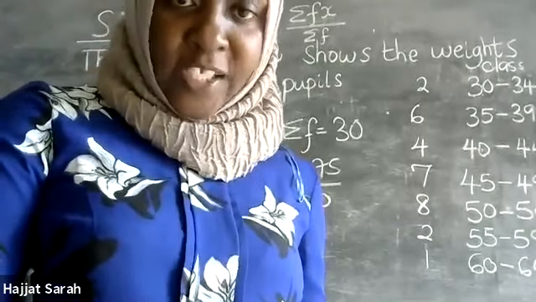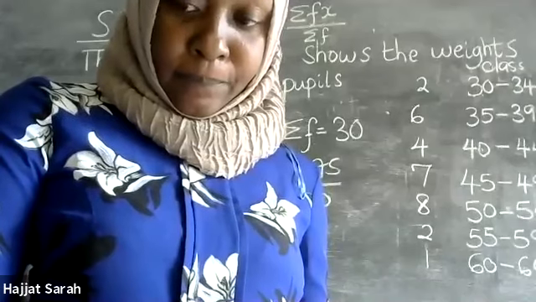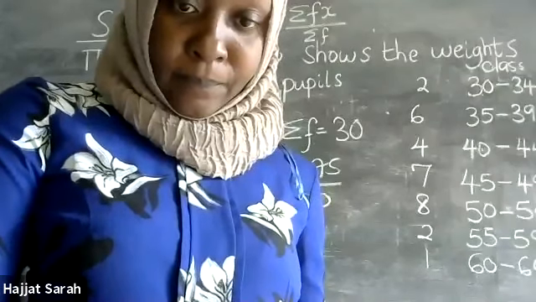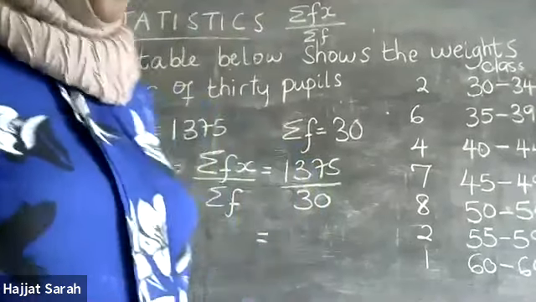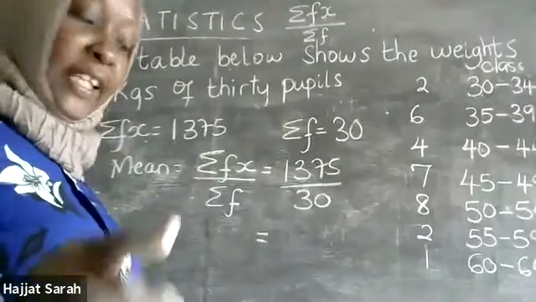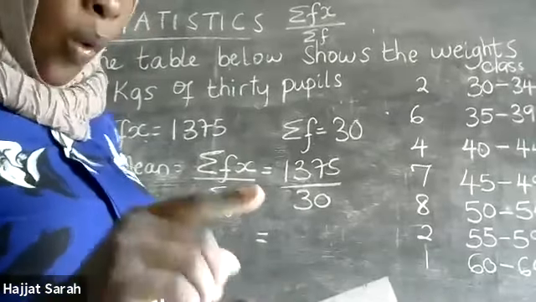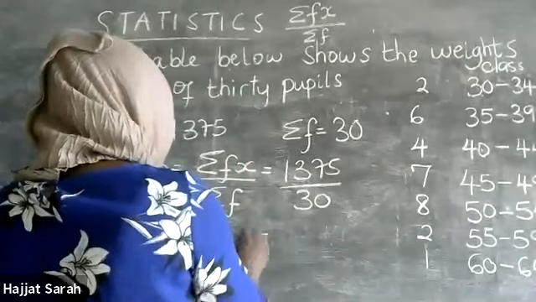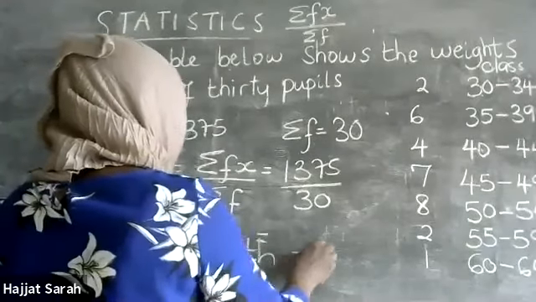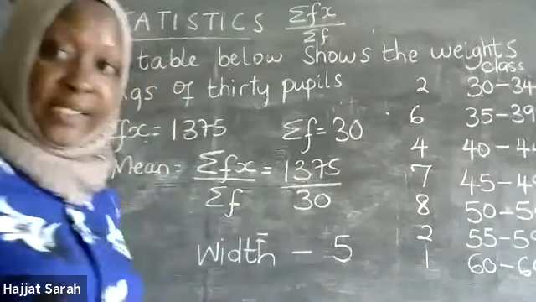Teacher, why aren't we writing 30 to 35, 40 to 40, like that? Okay, because in the question they say our class width, how big is the class supposed to be?